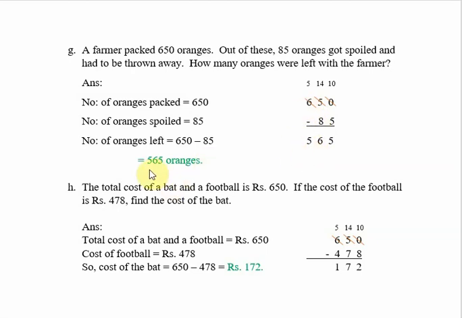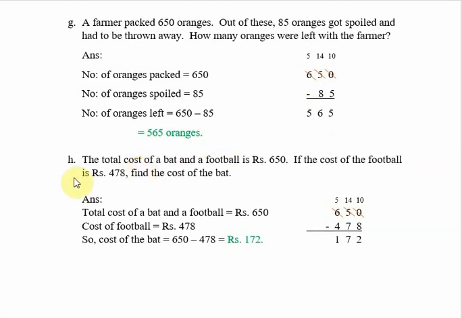So, the answer is 565 oranges. So, how many oranges are left with the farmer? There are 565 oranges.